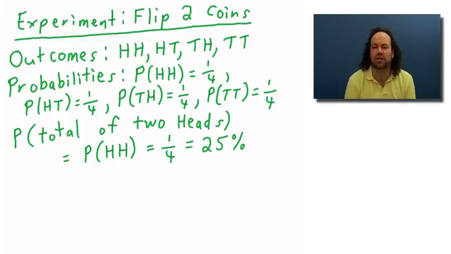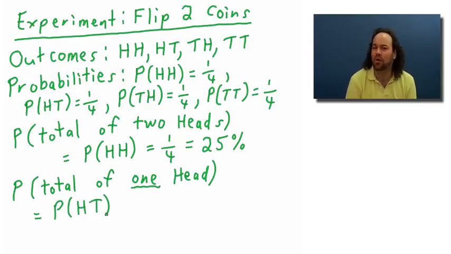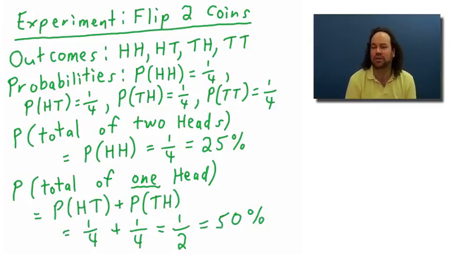Or you can also call it 25%. What about the probability of getting exactly 1 head? Well, 1 head we could have gotten if the outcome was heads and then tails, or if the outcome was tails and then heads. So that probability is 1/4 plus 1/4, which equals 1/2 or 50%.